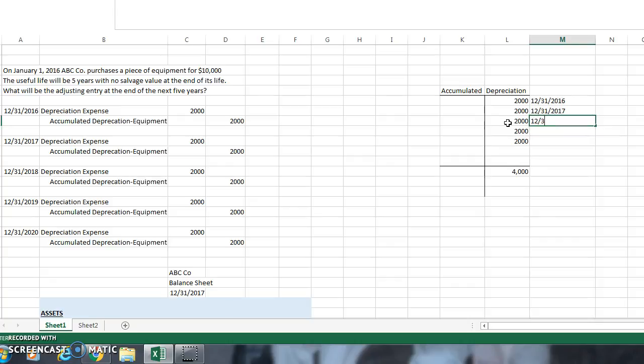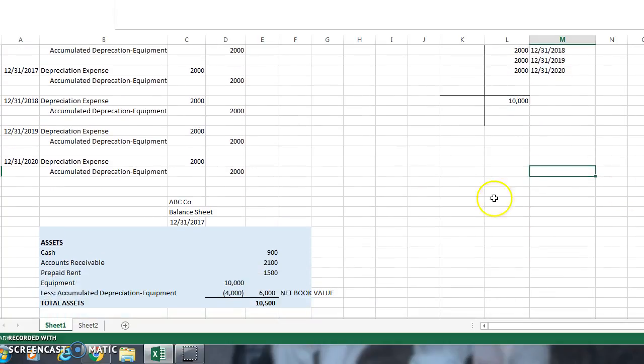Let's put the dates. And 12/31/2020, there you go, for a total of $10,000. Technically, if we've held the asset that long, we fully depreciate it. At the end of 5 years, we've captured the full cost.